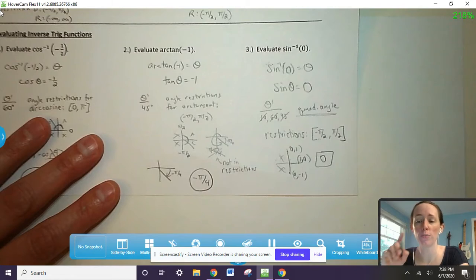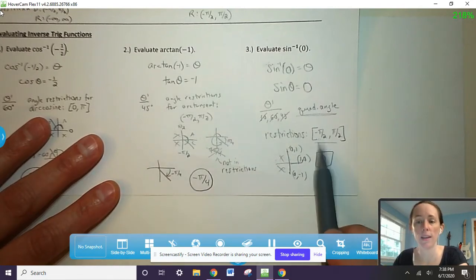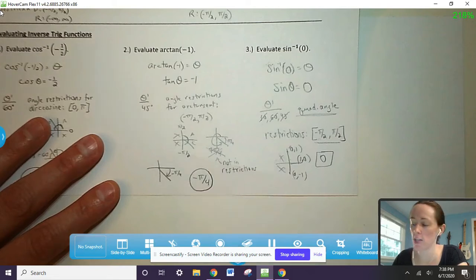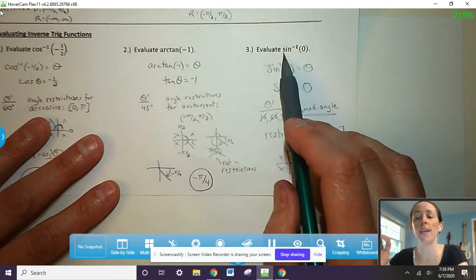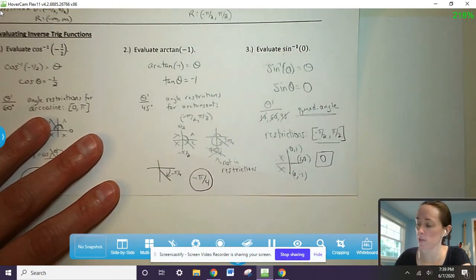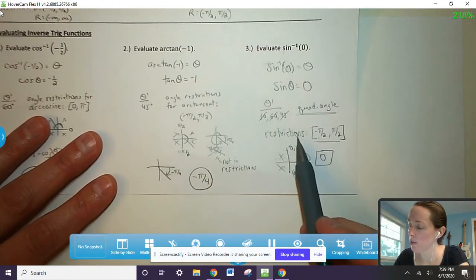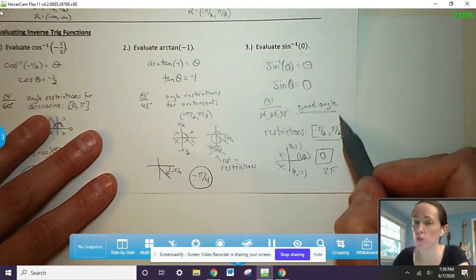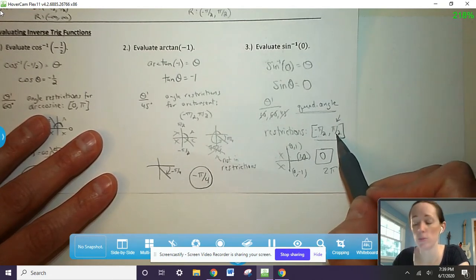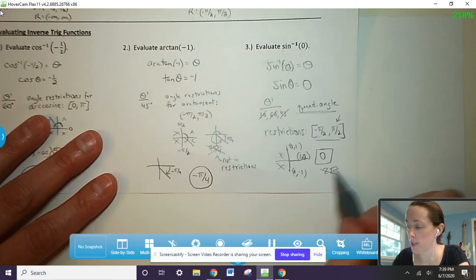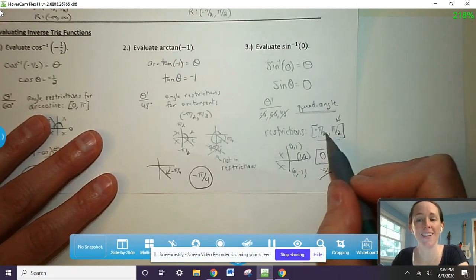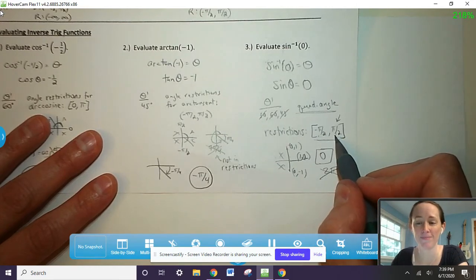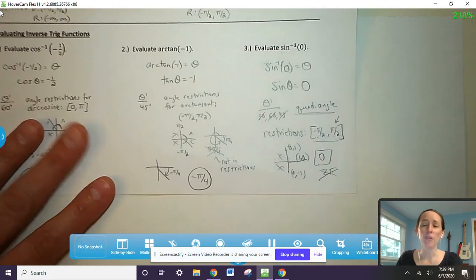So there's only 3 quadrant angles in that restricted range for inverse sine. But within the angle restrictions, there are only 3 options. And the one where sine is 0 is right here. You can't call that angle 2 pi because 2 pi would be bigger than pi/2. The largest angle you're allowed to use is pi/2, but you can call it 0 because 0 is between -pi/2 and +pi/2.